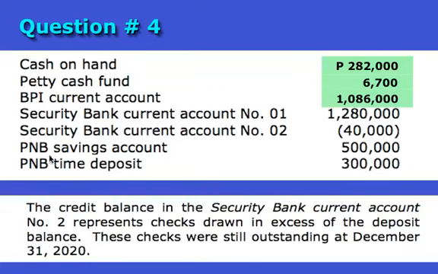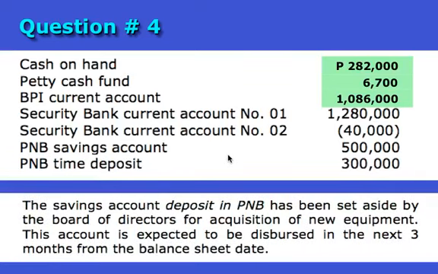Next, the PNB savings account. Refer to the last paragraph. So may information dyan sa savings account na yan. The savings account deposit in PNB has been set aside by the board for acquisition of new equipment. So ito palang savings account na yan, pangbili ng equipment.